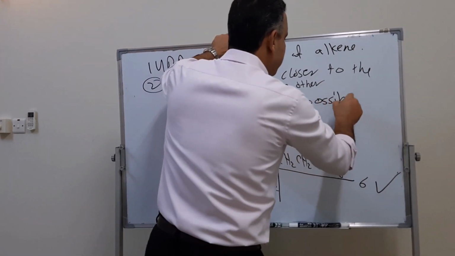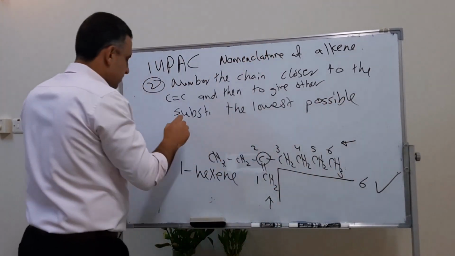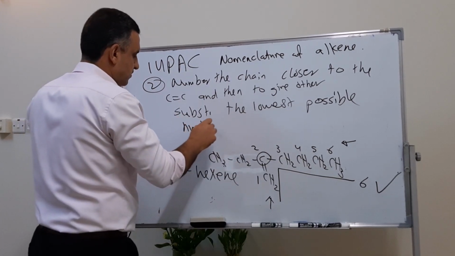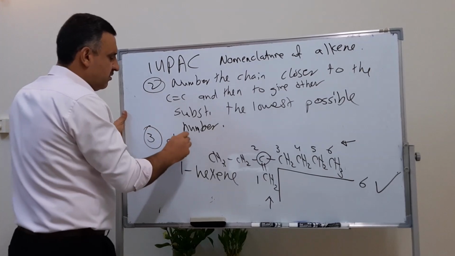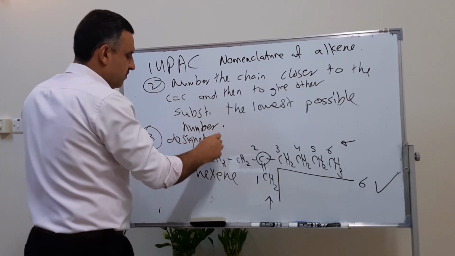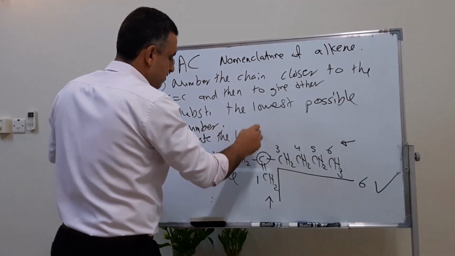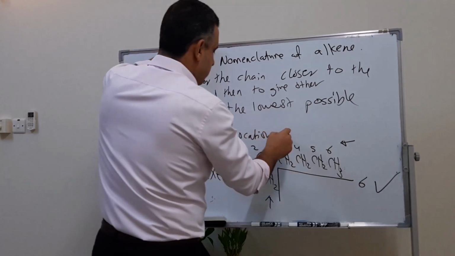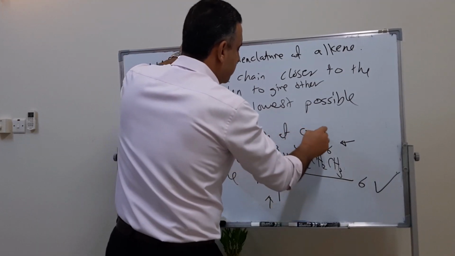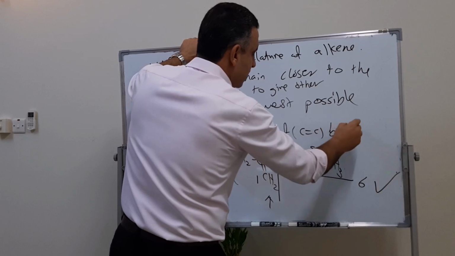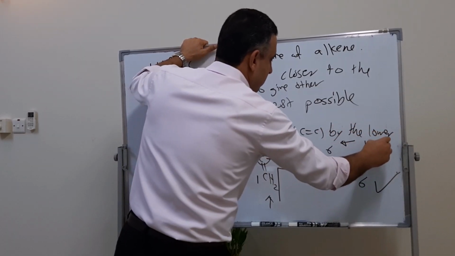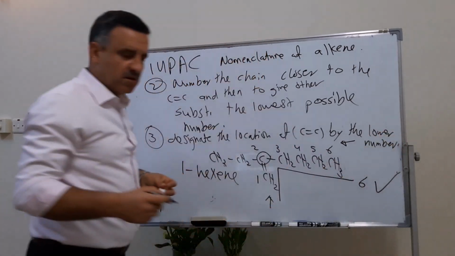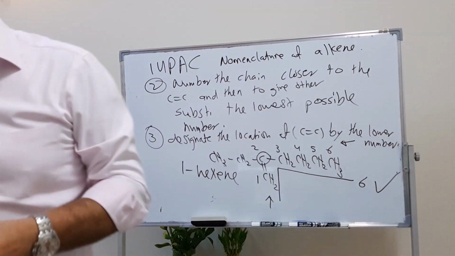I'll come to this maybe with more examples. Third, designate the location of the carbon double bond carbon by the lower number. So these are the rules, and then the rest of the rules of the IUPAC.